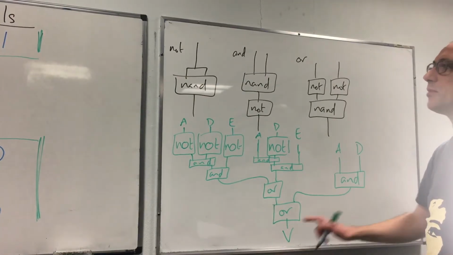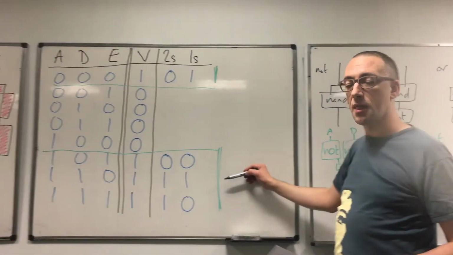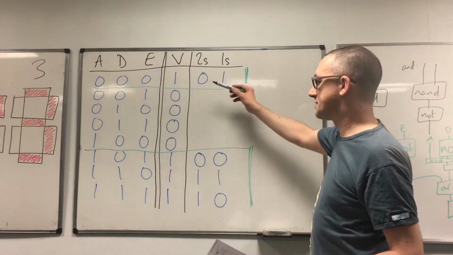Now to finish the job, we need to build circuits to compute 2's and 1's, but they need only give the right answer in the cases where V gives 1.